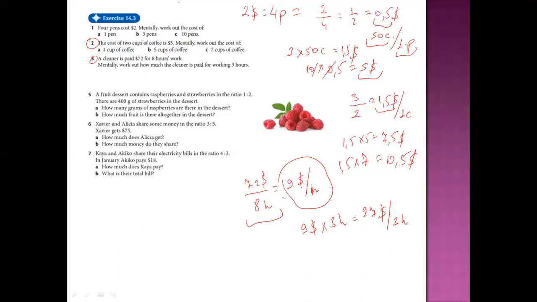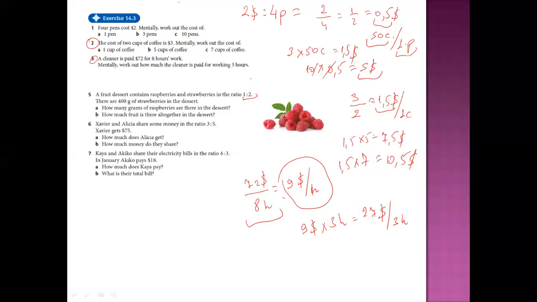Fifth question. A fruit dessert contains raspberries and strawberries in the ratio 1 to 2. And what does the ratio mean? Strawberries are 2 times, or twice as much as raspberries. Okay, so there are 400 grams of strawberries in the dessert. How many grams of raspberries are there in the dessert?